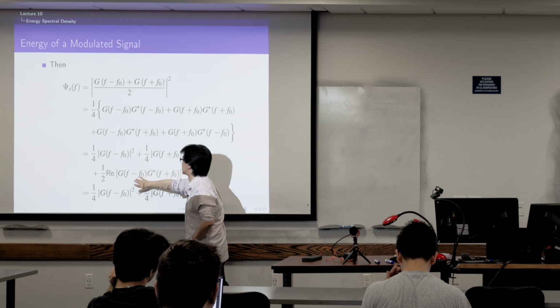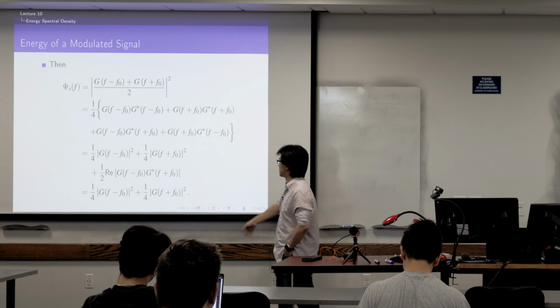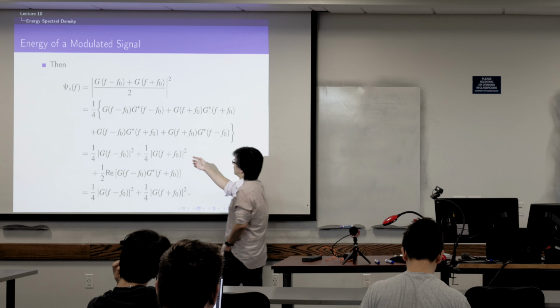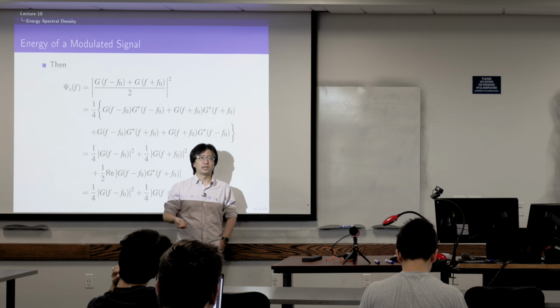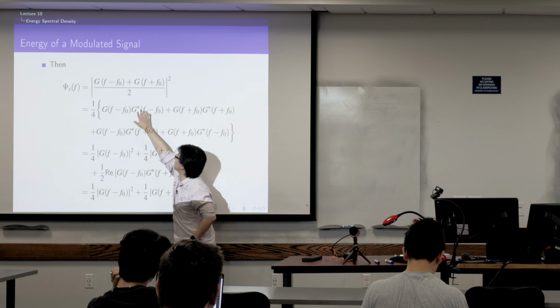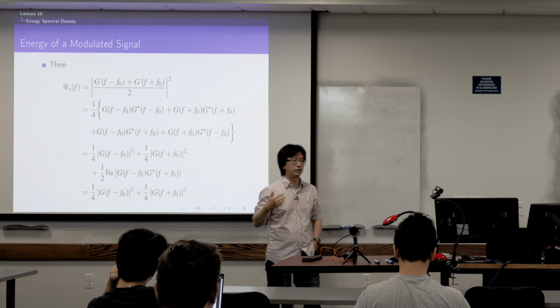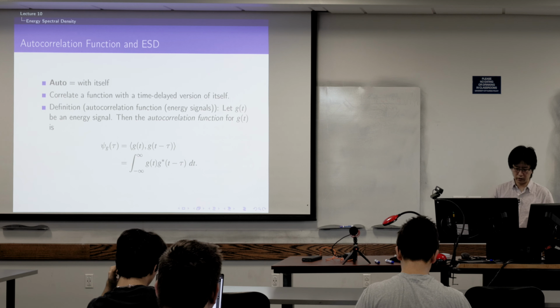There's no overlapping between this guy and that guy, so the multiplication is 0. And this is what we got. This is very nice, because for our signal, its energy spectral density is nothing but each of the items squared. That's it, we don't have any cross term. This is how we compute the energy spectral density of a modulated signal.